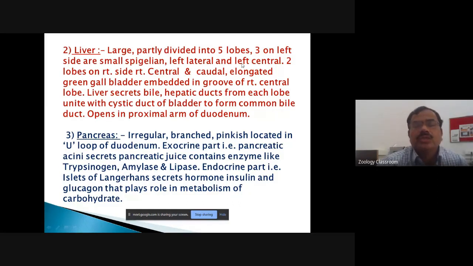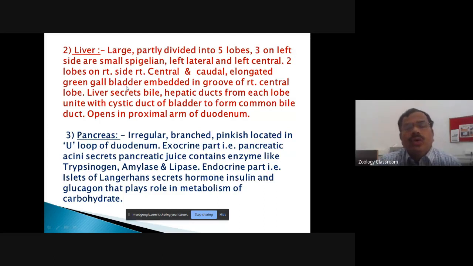On the surface of the right central lobe, there is a somewhat elongated bladder. This elongated green colored bladder is called the gall bladder. This gall bladder temporarily stores the secretion of the liver, that is the bile.